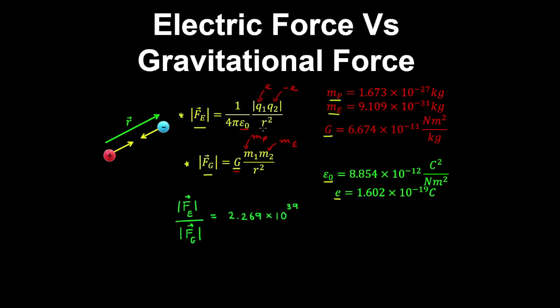And note that the squared radial distance between the charges cancels. So as we can see, the magnitude of the electrostatic force is much larger than that of the gravitational force.